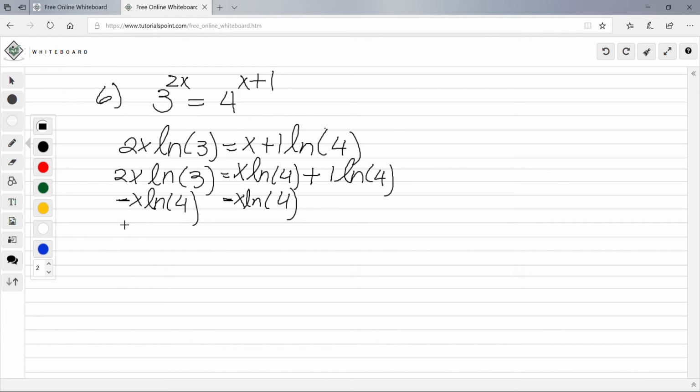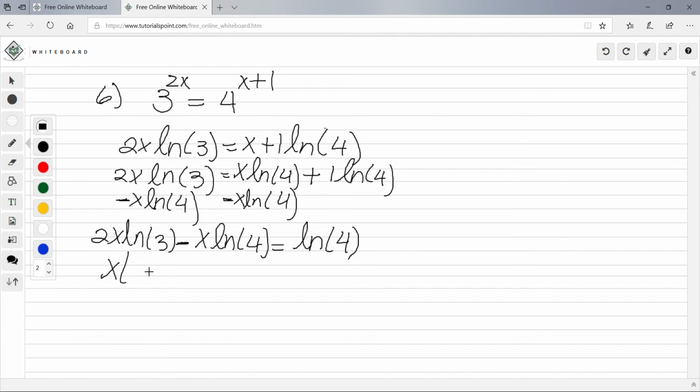So on the left, you have 2x ln of 3 minus x ln of 4 equals, and don't forget the ln of 4, so that just stays there. I'm not going to write that 1 because I already know there's an invisible 1. Now on the left side, we can factor out an x because they both have an x.